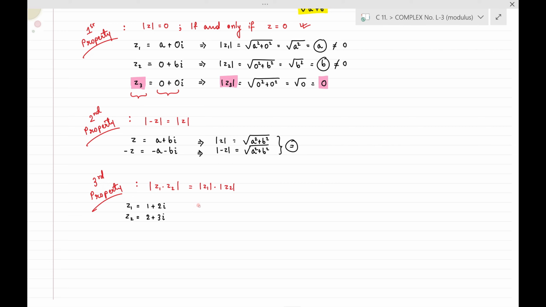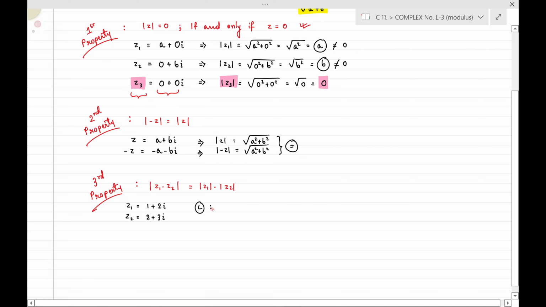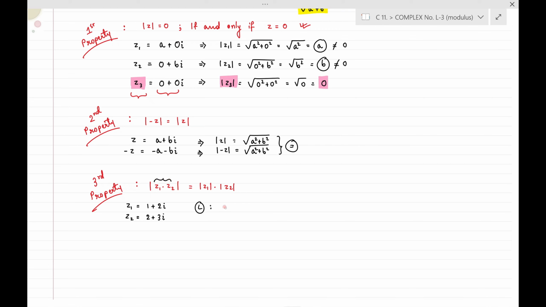Now if they are multiplied, let us consider the left hand side first. We have to find their product first and then we will find out the modulus of it. So the product is 1 plus 2 iota into 2 plus 3 iota, that will be equal to 1 into 2, 2 plus 3 iota plus 4 iota, that is 7 iota plus 6 iota square, that is equal to 2 plus 7 iota plus 6 into minus 1, because iota square is equal to minus 1.